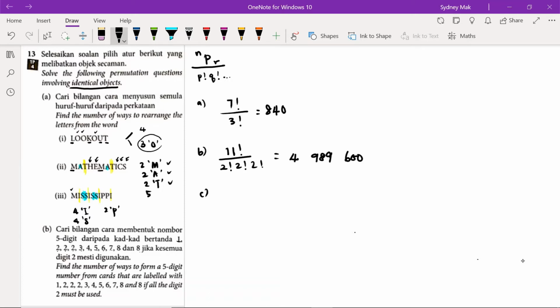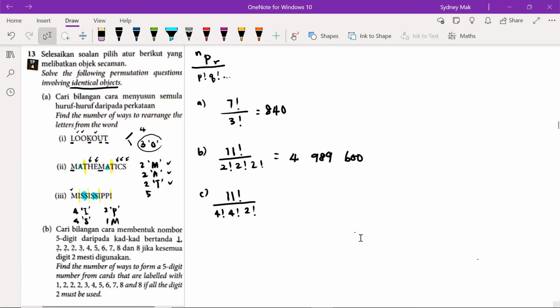The only one that is not repeating is M, so we have 1 M. All in all, we have 11 letters. Double check: 1, 2, 3, 4, 5, 6, 7, 8, 9, 10, 11. Correct. Therefore, we have 11 factorial over 4 factorial for the 4 I's, 4 factorial for the 4 S's, and 2 factorial for the 2 P's.